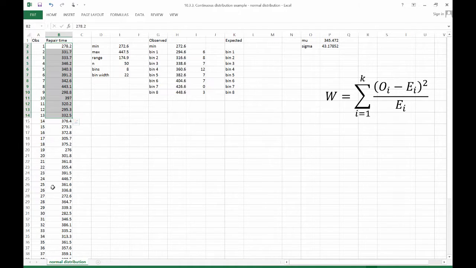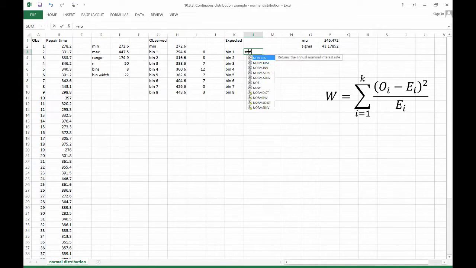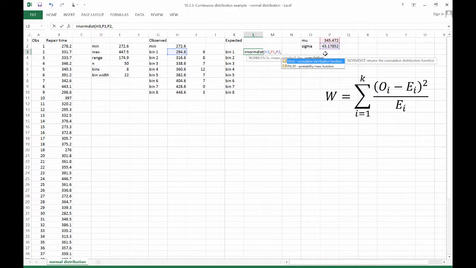Those were the optimal values from the method of maximum likelihood if we assumed that these data follow a normal distribution. Now let's find what the expected value of bin 1 would be given a normal distribution with those 2 parameters. This is exciting. Let's go to the NORM.DIST function again. What's the cumulative probability up to the value 294.6 when the mean is this and the standard deviation is this? We want a cumulative probability distribution.